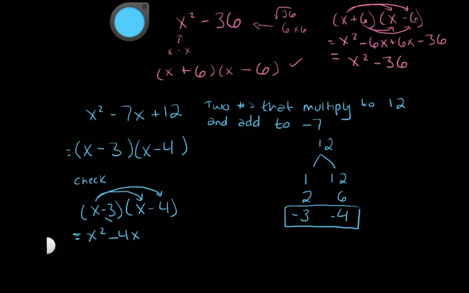Negative 3 times x is negative 3x. And negative 3 times negative 4 is positive 12. When we combine our like terms, we have that x squared, negative 4 minus 3 is going to be negative 7x plus 12.